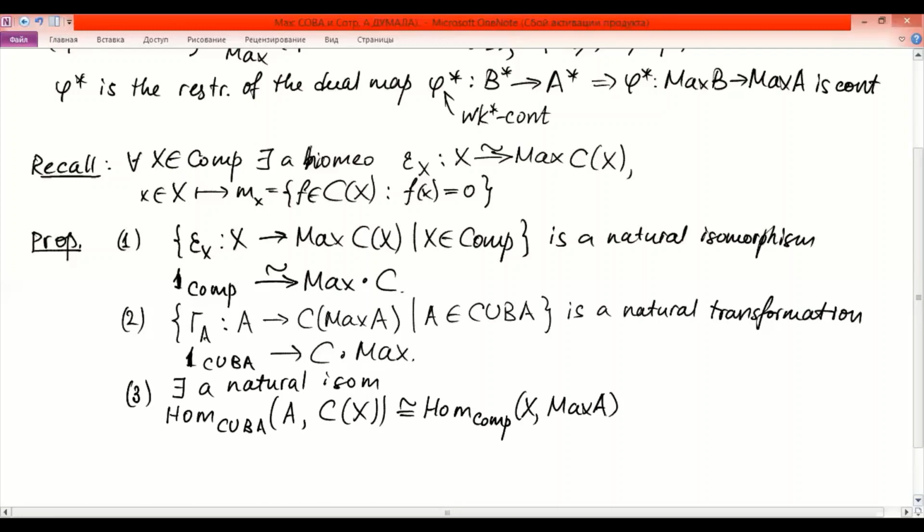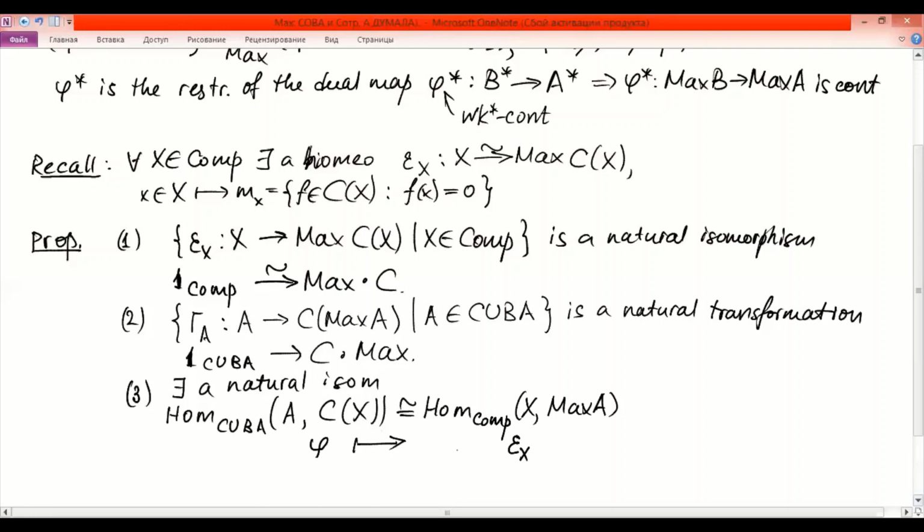And explicitly, this natural isomorphism looks as follows. If we have a Banach algebra homomorphism phi from A to C of x, then the respective continuous map from x to max of A looks as follows. First, we apply epsilon x, which acts from x to the maximal spectrum of C of x.